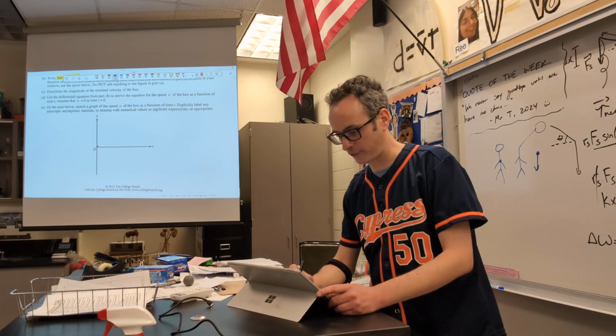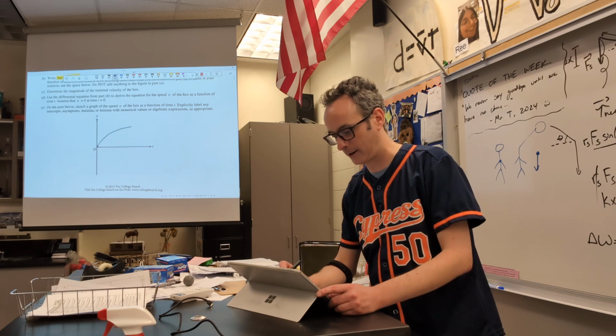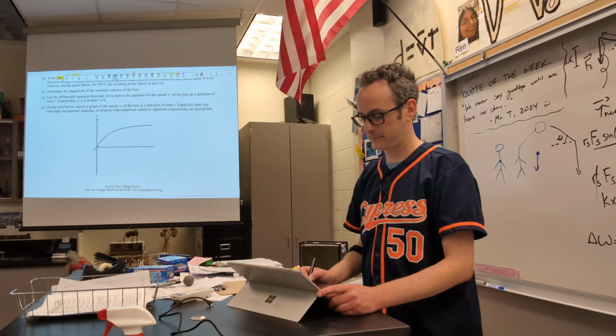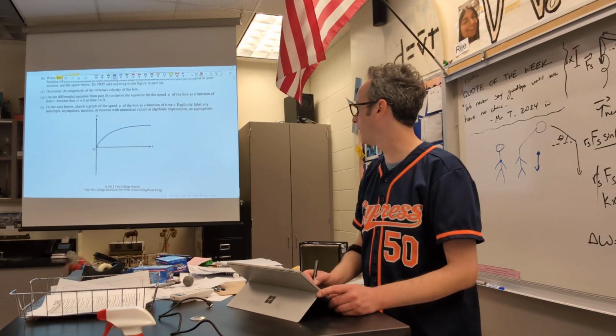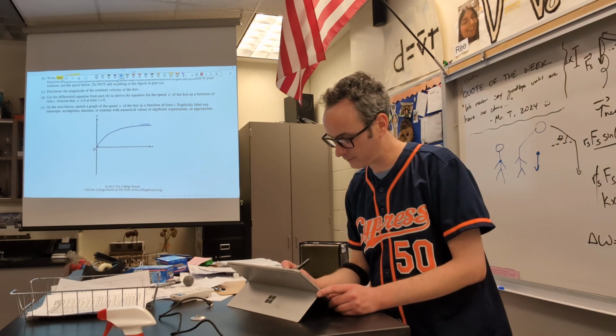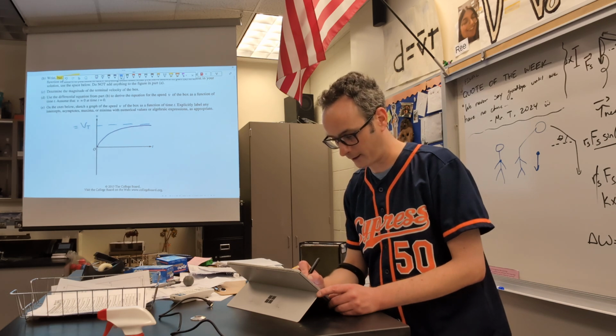So the velocity should level out. It's going to look something like that. It starts at 0 and then levels out, and where it levels out, that's the terminal velocity. But they want it in terms of things they gave us, so we're going to say F_A over k.